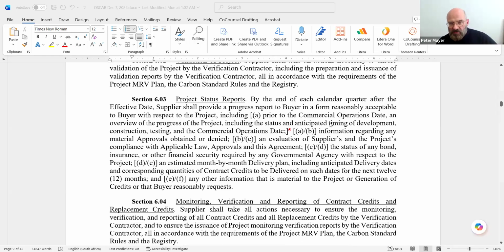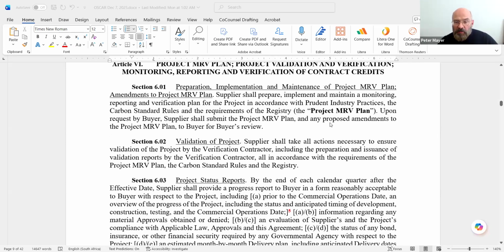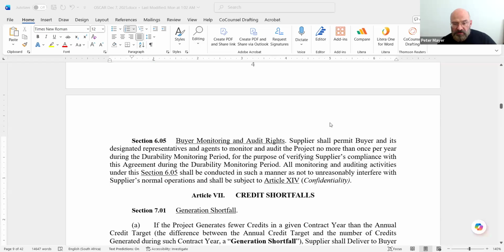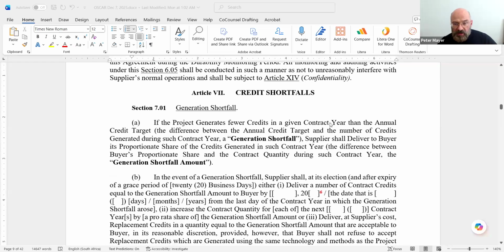It also depends on whether commercial operation has already occurred by the time this agreement is being signed. If commercial operation has not occurred yet, there may be additional reporting requirements. So MRV, reporting, monitoring, verification, that's very important.